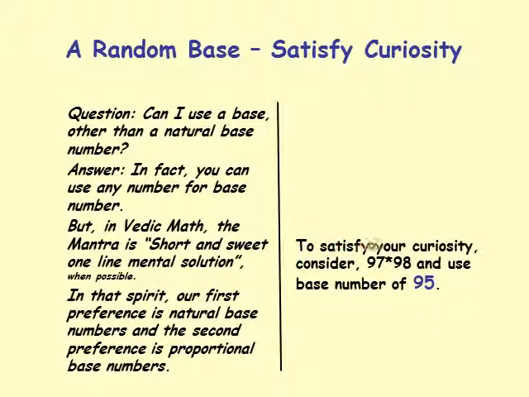To satisfy your curiosity, we will consider an example of 97 times 98, and the first thing we do is select a base number. We would use a base number 95, which is close to these two numbers, but it's not a natural base number. So we have 97, 98, and we know the base number is 95. Now we compute the deviations. 97 minus 95 is plus 2. 98 minus 95 is plus 3.